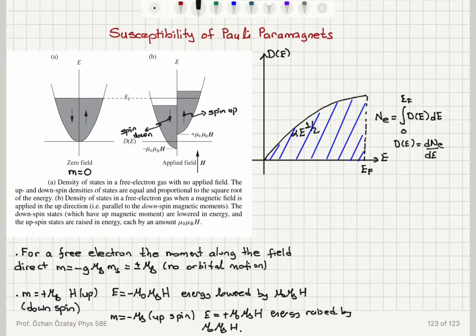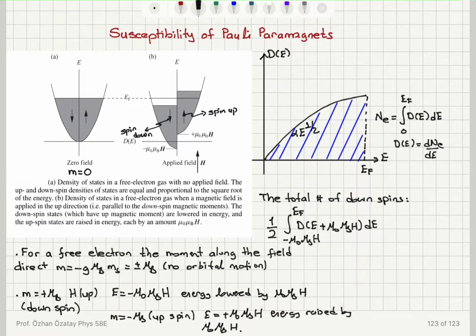So let's calculate the total number of down spins. This is going to be 1/2 integral from minus mu 0 mu B H to the Fermi level, E Fermi, density of states at energy E plus mu 0 mu B H dE.